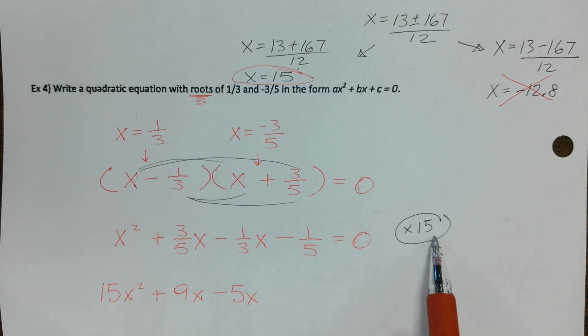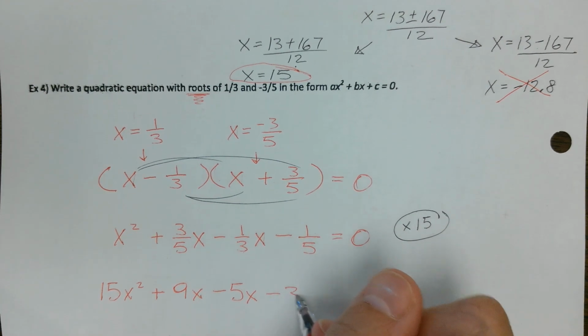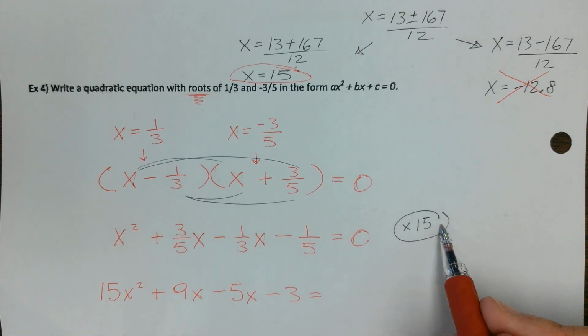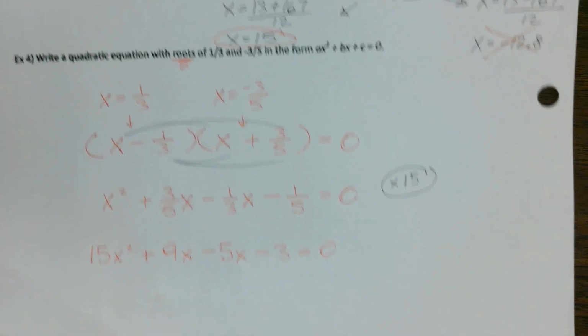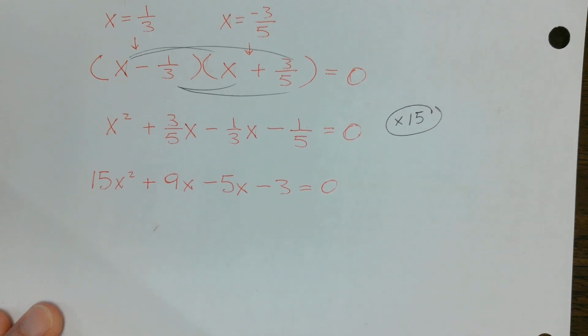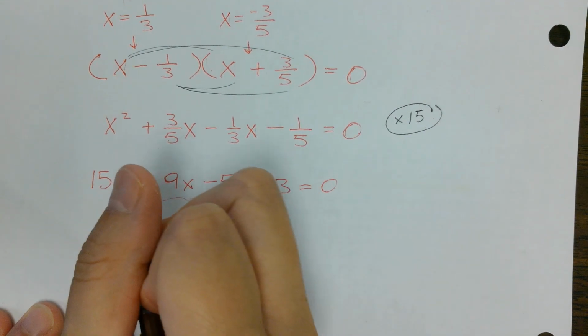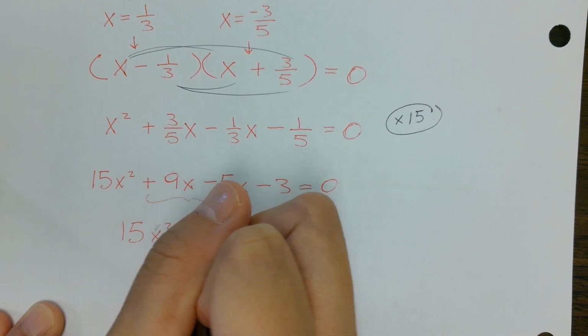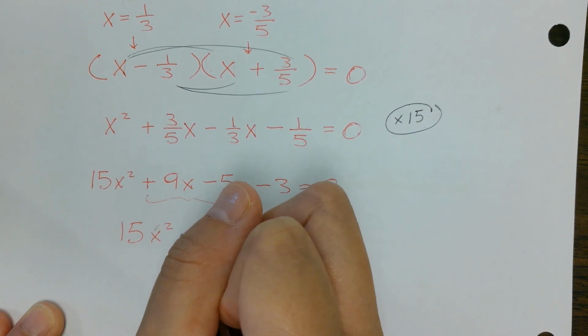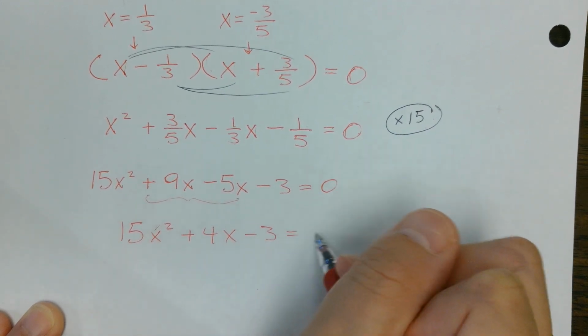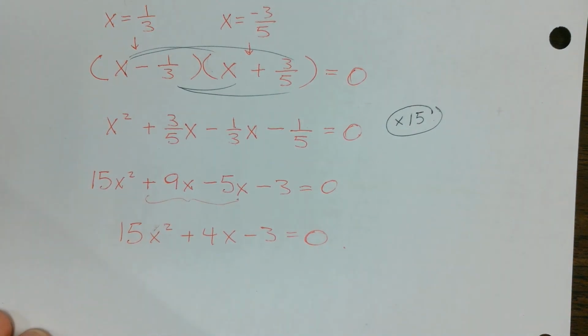Negative 1 times 15 divided by 3, I get negative 3. Don't forget on the right side, 0 times 15, you get 0. And so lastly, I can just simplify these two terms. So my standard equation now, 15x squared plus 4x minus 3 equals 0.